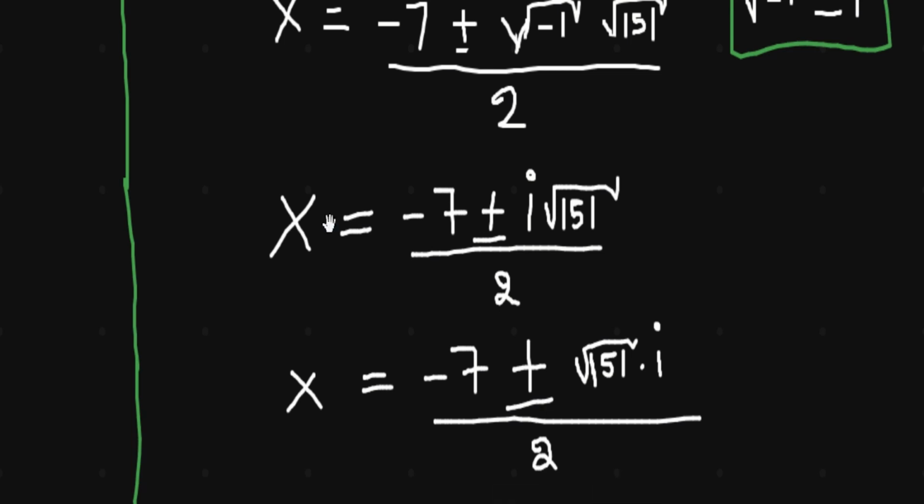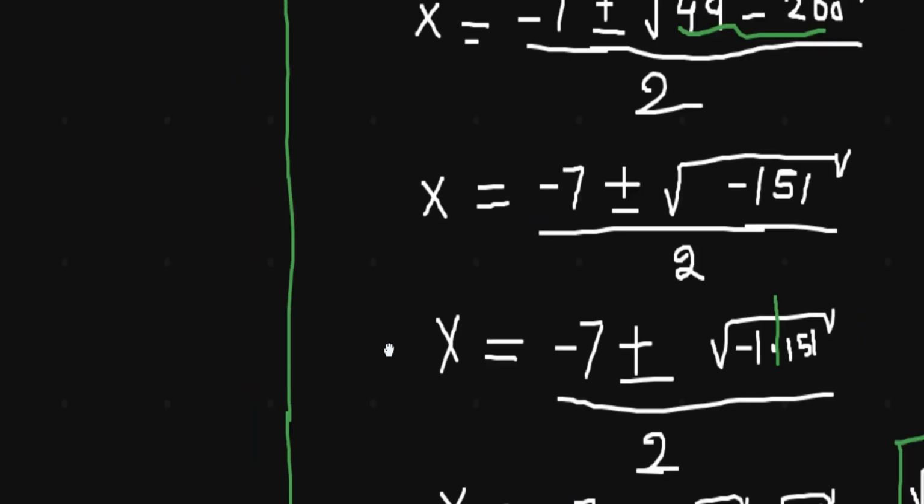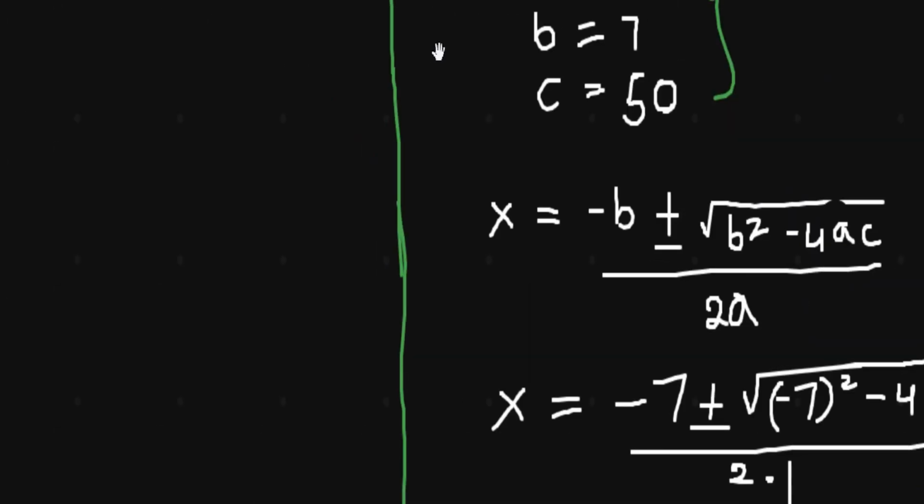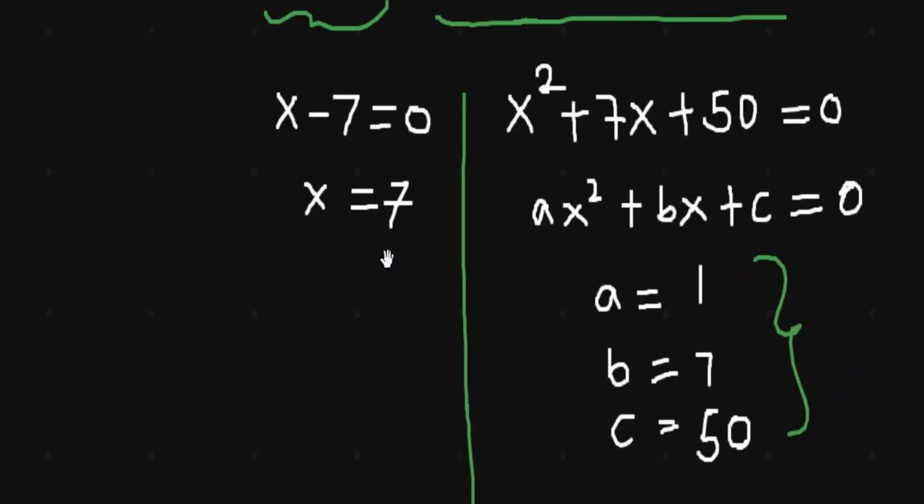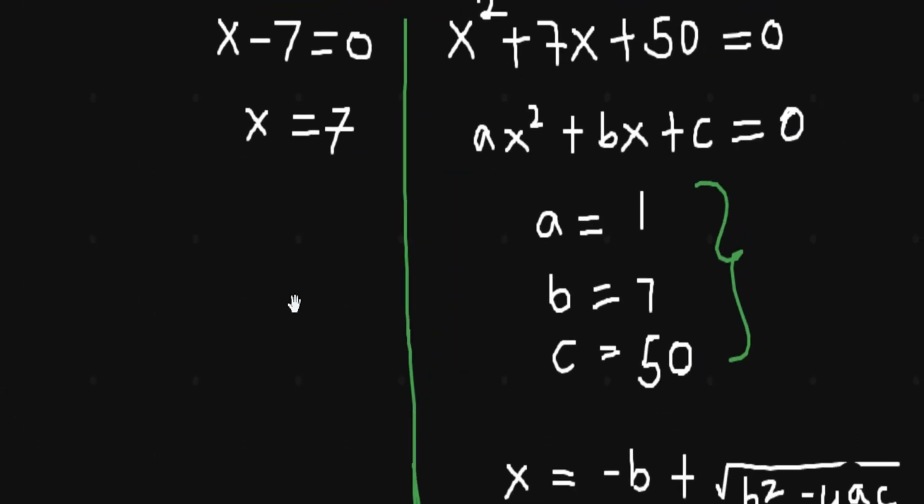So we have x in the beginning. The solution for x equals 7 here. So we have three solutions for x: x1, x2 and x3.